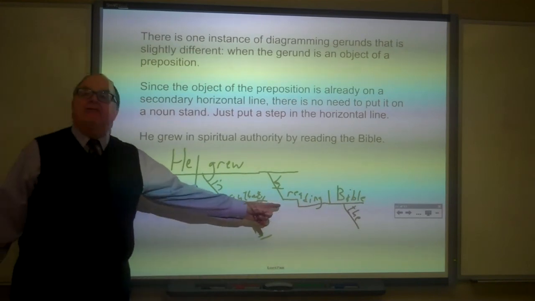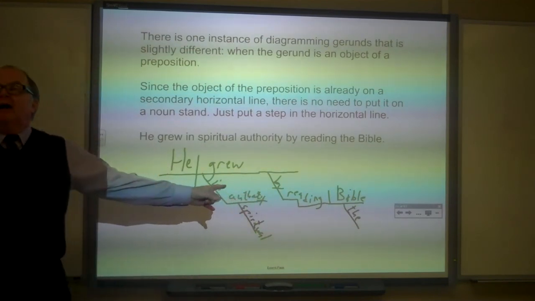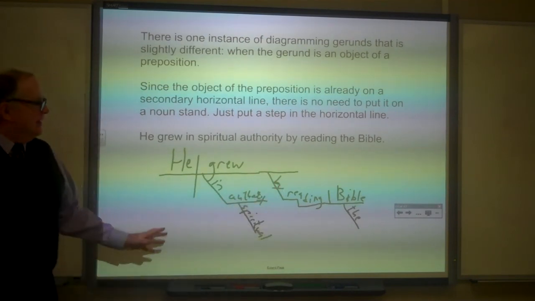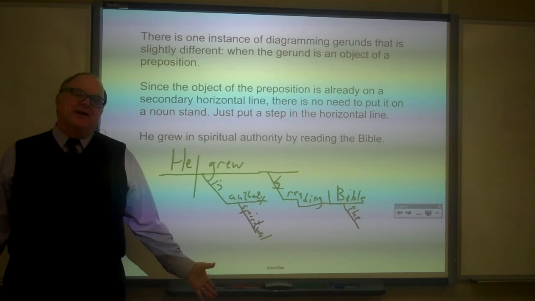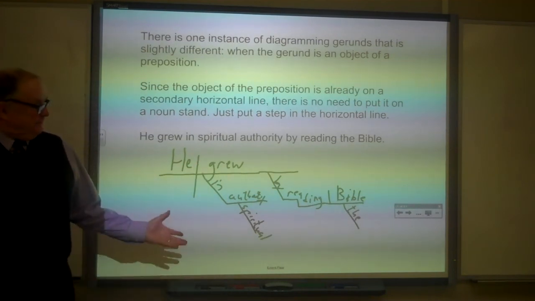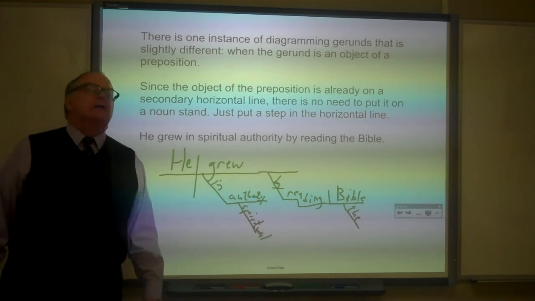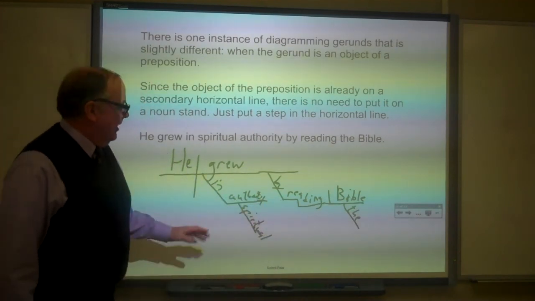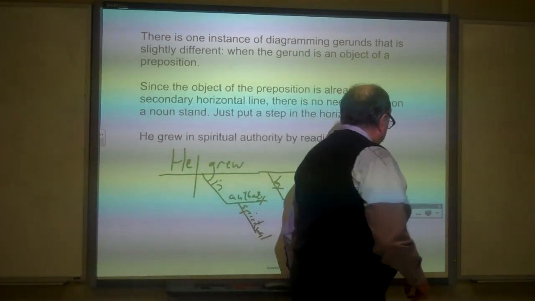So, if you do have an object of preposition that's a gerund, you don't have to put in the noun stand. If you were to do it on an assignment and put the noun stand in, I probably wouldn't mark it wrong. It just makes it look a little more cluttered. But if you have the step, we know that way that it is a gerund.